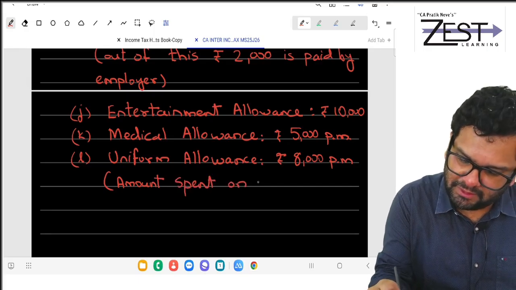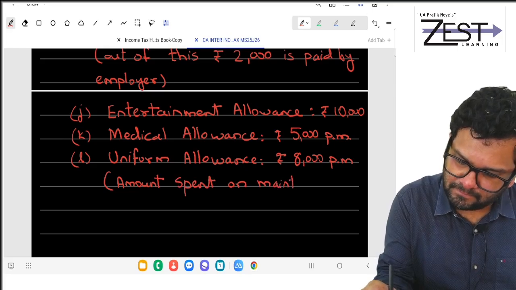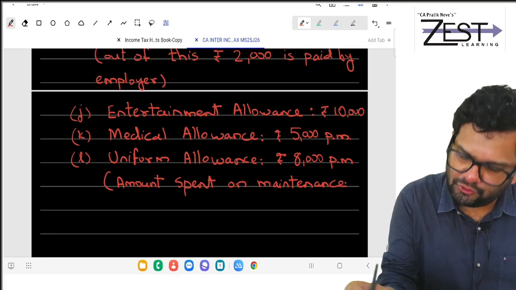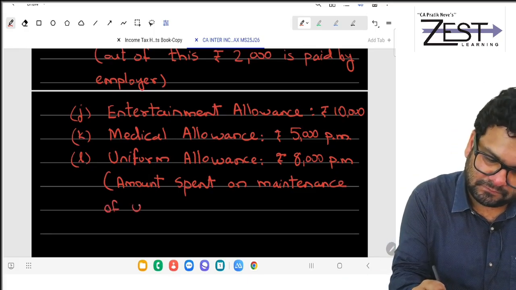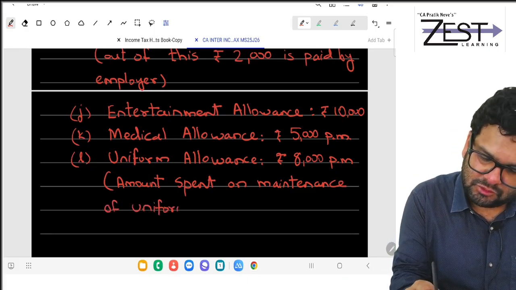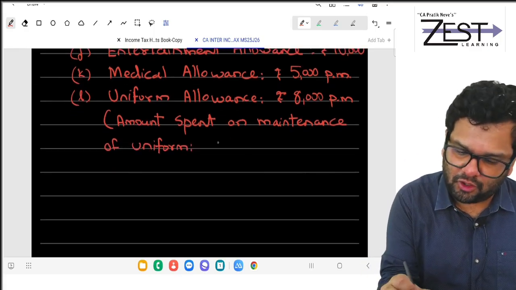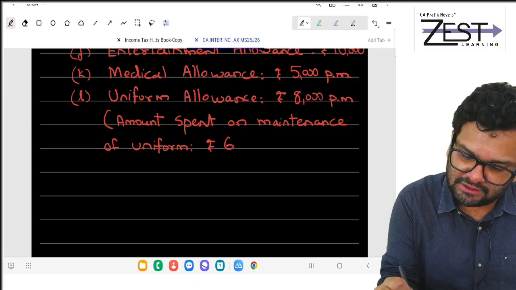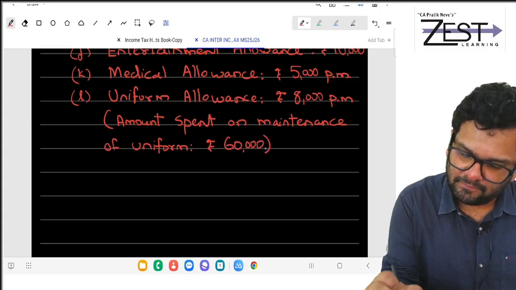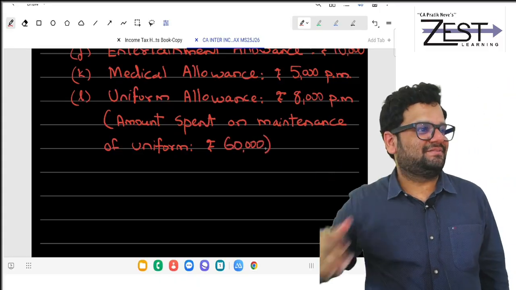Amount spent on maintenance of uniform is say 60,000, of course, during the year.